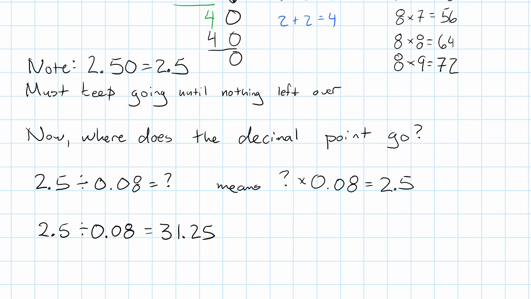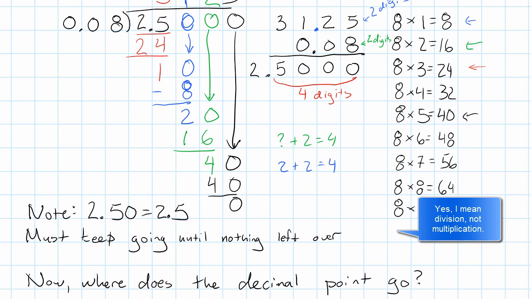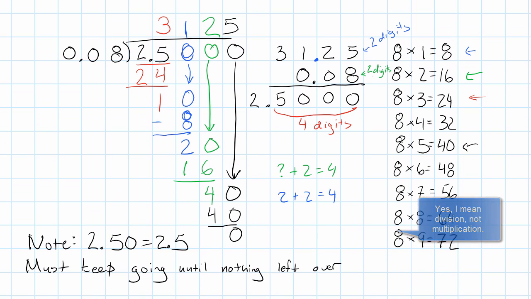31.25. Now, I have no doubt that you've learned a different method of doing decimal multiplication than this one. But our main purpose in doing decimal multiplication by hand is to gain insight into the structure here, that is, into what's actually going on.